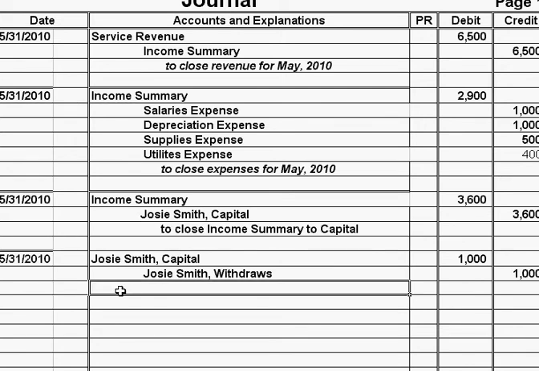Okay. So our explanation would be to close owner's withdrawals to capital account.